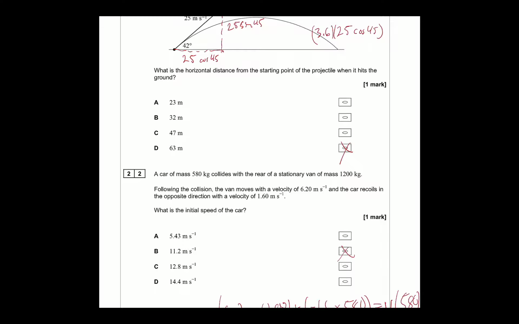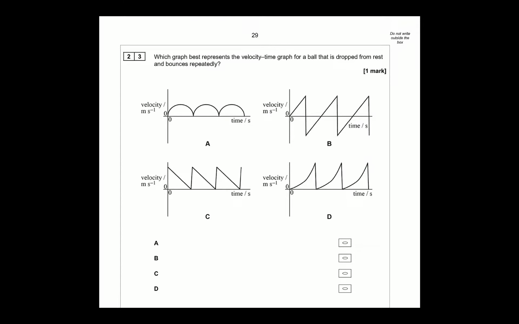Let me just double check before I move on. 21 was D, 22 B. Good. A ball that is dropped from rest and bounces repeatedly. Well, the only one where it's moving backwards is B, so you don't even really think about it.